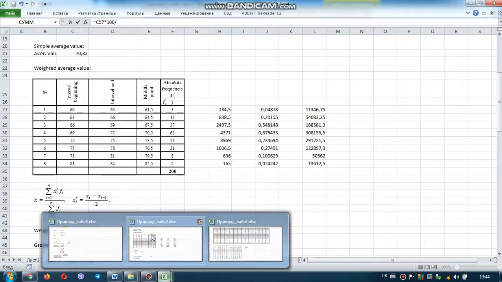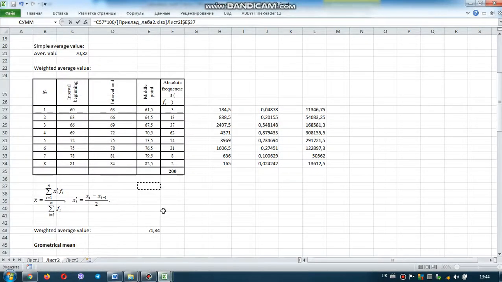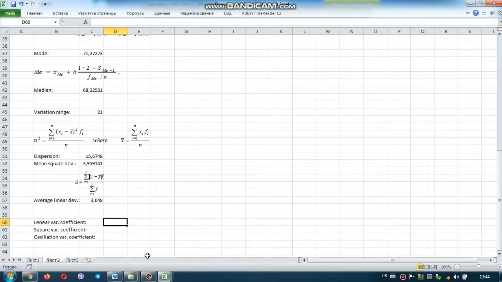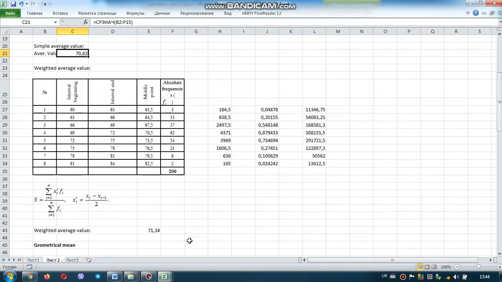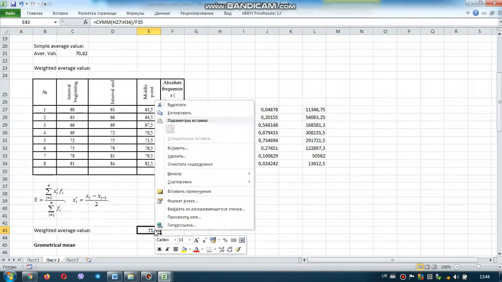Correct this mistake in your previous calculation. Not simple but weighted average value. The weighted average value is 71.34. Correct this mistake.